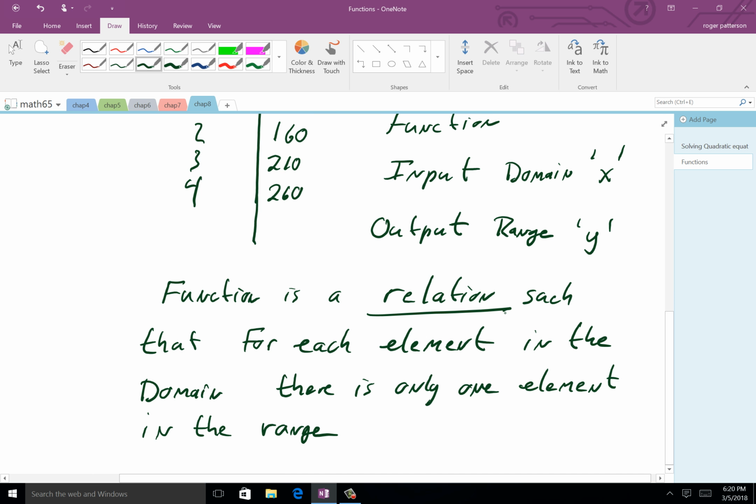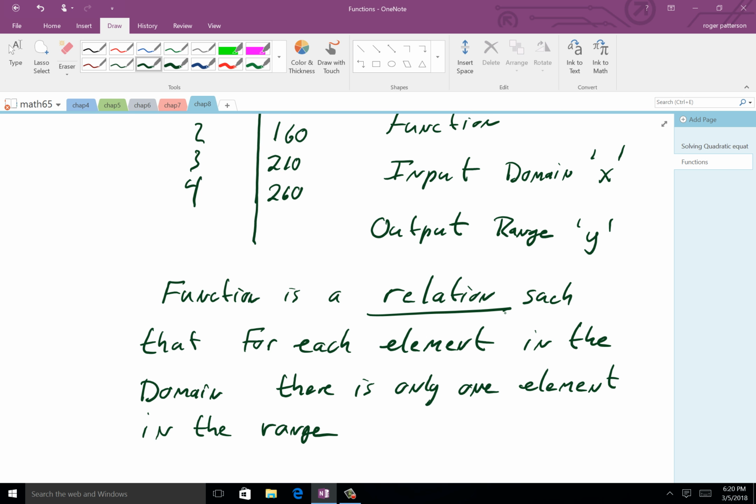Relation is the first one. A relation is just a correspondence between two quantities. They don't talk much about relations in here, but if you were to take a real pure algebra class, which I hope you don't ever do, because they're nasty, then anytime we write a pair of numbers, that's a relation.